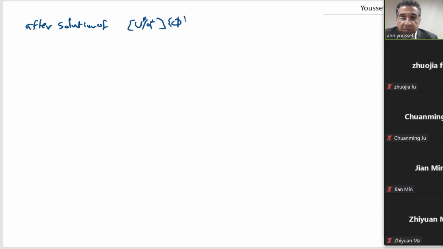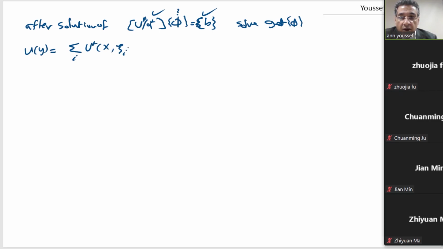I used to name this equal to B, this is curly bracket, this is known, this is unknown, solve, get phi. You can compute U at any point Y equal to sigma over the sources U asterisk of x and xi I times the phi of xi I.